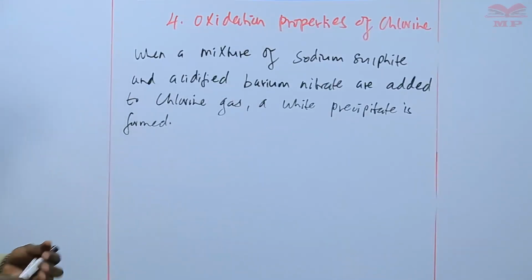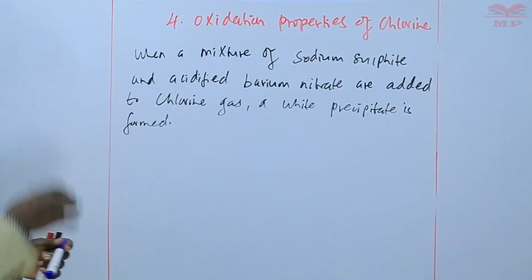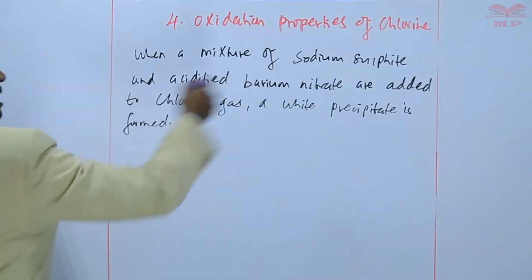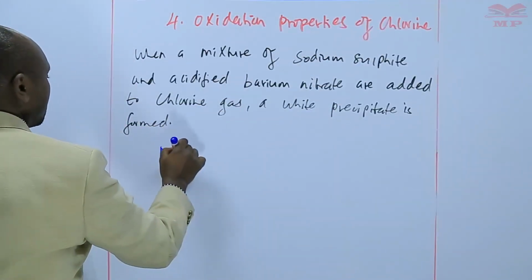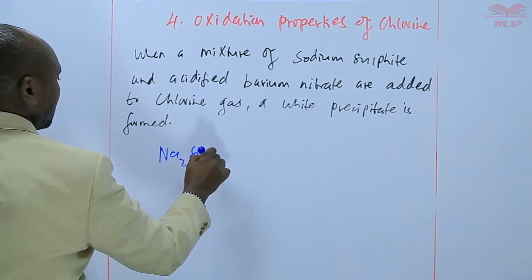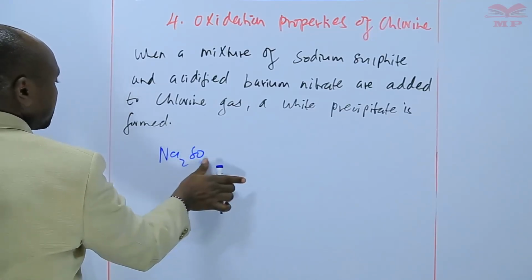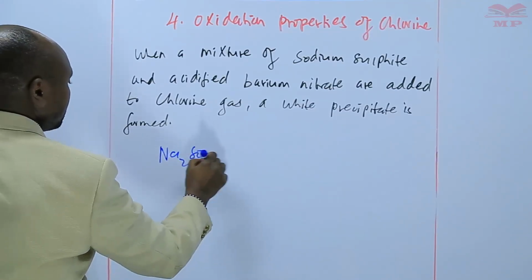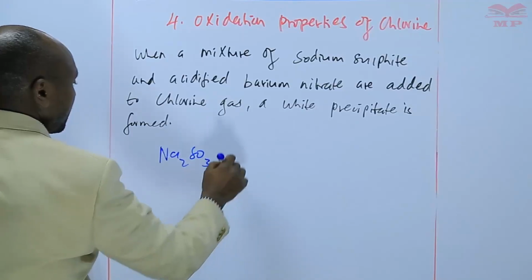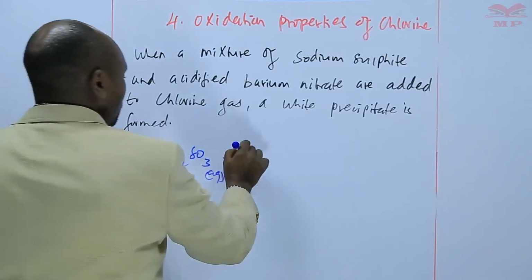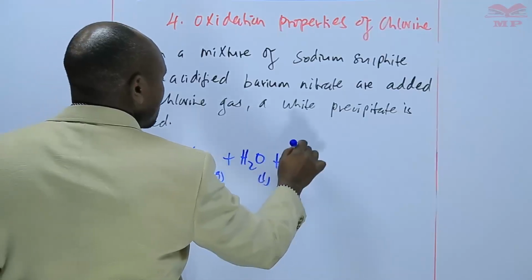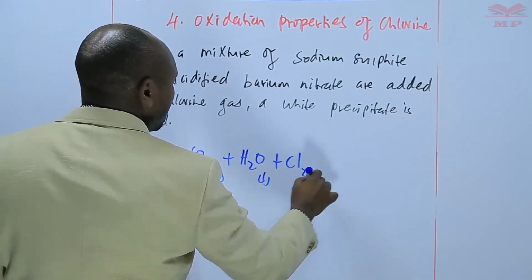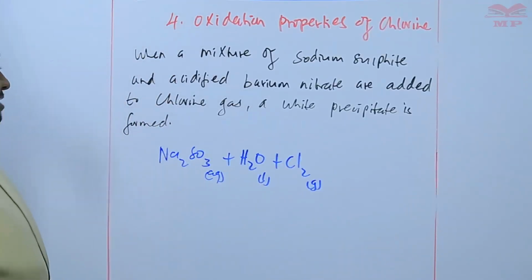The first step, we are saying that sodium sulfite, this is a solution, of course, plus water, plus chlorine. In this case, chlorine is an oxidizing agent.